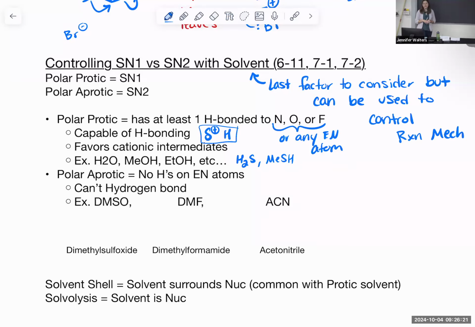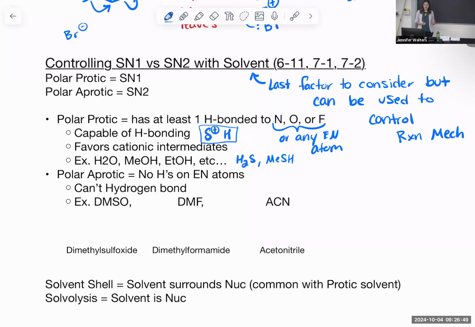This is going to favor our cationic intermediates. The way that I always like to remember this is that if you have a lot of protons, a lot of H pluses, you already have positive charges, and so there are counter ions to stabilize those positive charges. So it's going to help stabilize the positive charge on a carbon as well. If you have a positive charge in one place, you can have positive charges in other places too, is kind of the gist.